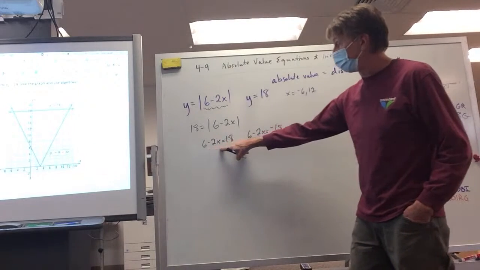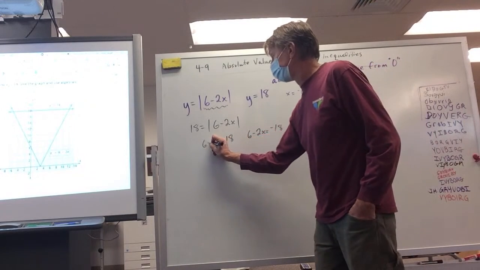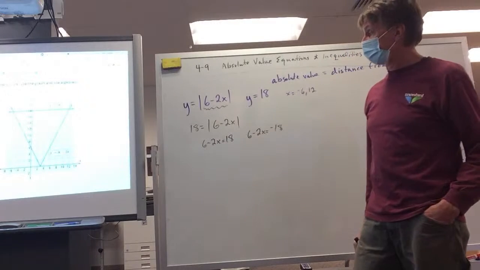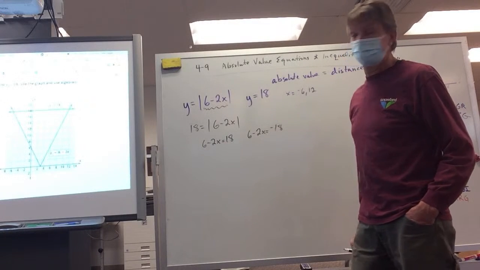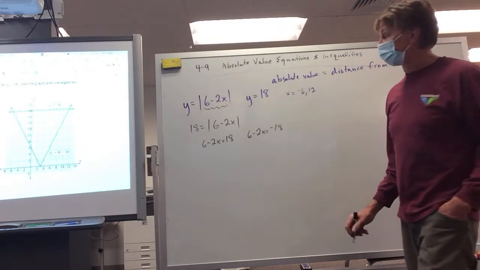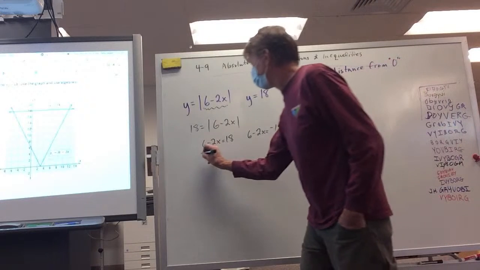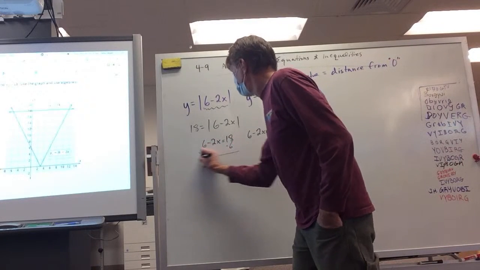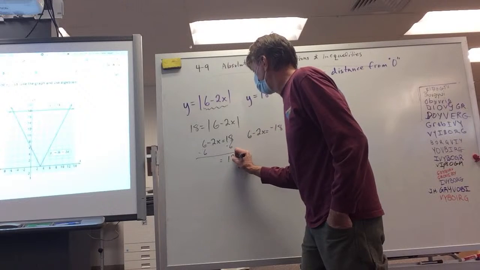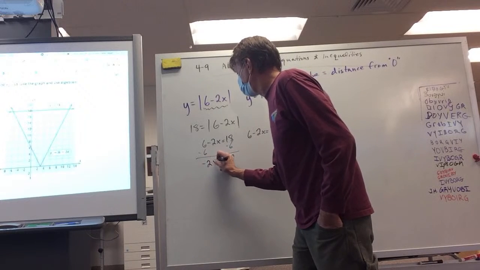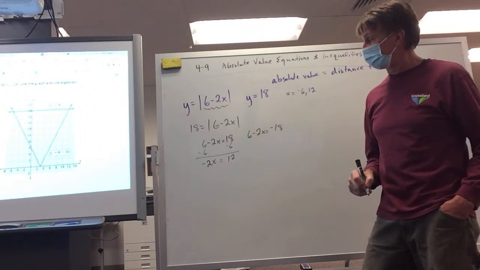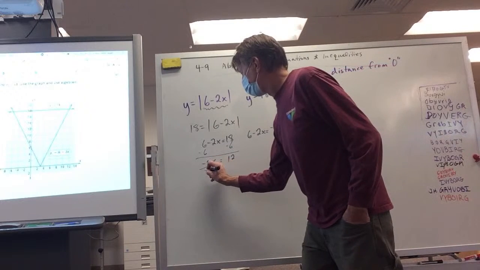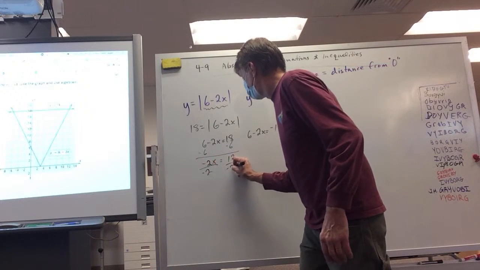So, let's do the one on the left first. Tell me what to do. Subtract 6. So that's 12 equals negative 2x. Divide by negative 2.